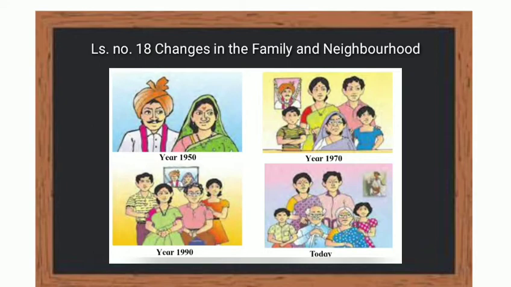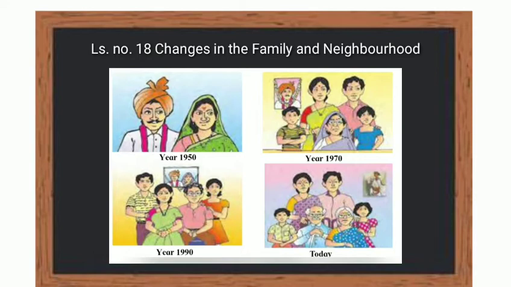The number of people in a family also changes due to births and deaths. A family grows when a new generation is born. When members of a family pass away due to reasons like old age, illness, or accident, the number of its members is reduced. Sometimes children in a family go to other places for their education.